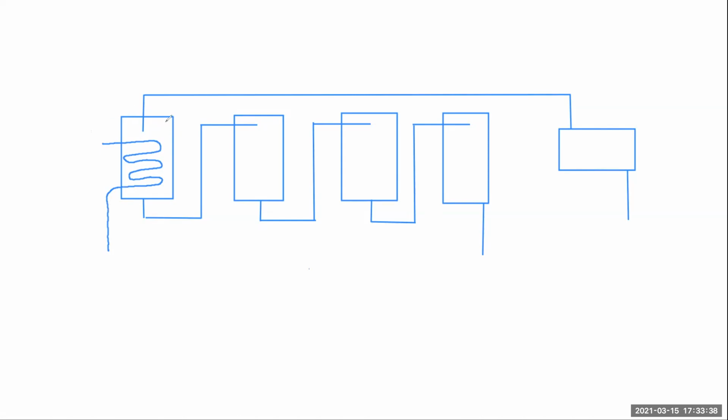So the vapor leaving this effect is going to enter the next effect for condensation. I'm taking the simple case where there are no flash boxes. The vapor leaving this effect is going to enter the next effect.